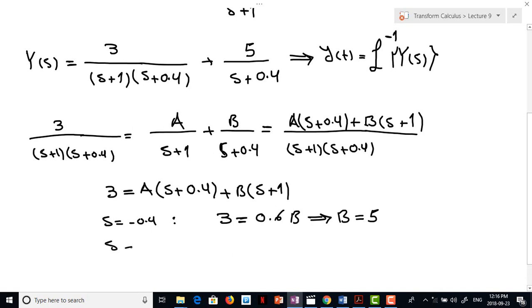If I plug in s equal to minus 1, the left hand side of the equation is 3, and on the right hand side we have minus 1 plus 0.4, which is minus 0.6, times A. As a result, A is equal to minus 5.